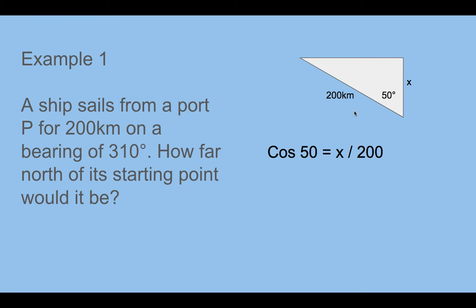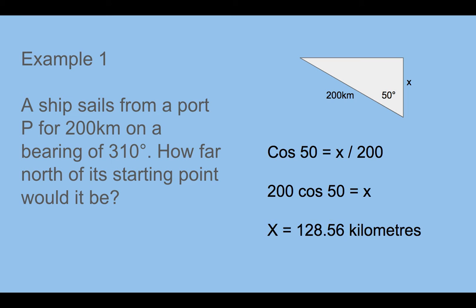How do we get the x by itself? We're dividing by 200 on this side, so when we take it across, we multiply. So 200 times cos 50 equals x. We can just put that straight into our calculator: 128.56 kilometers.